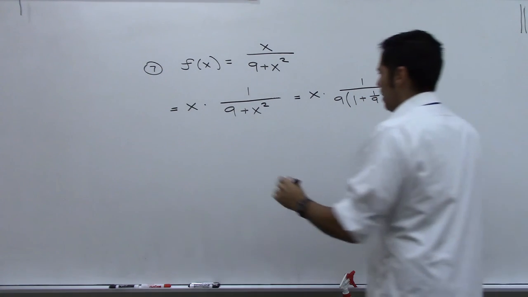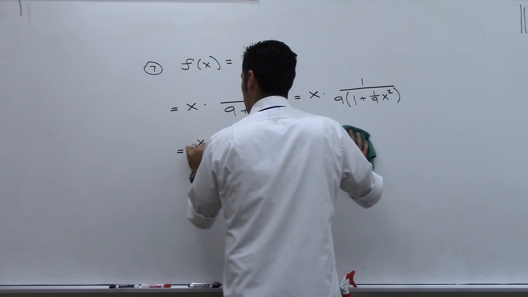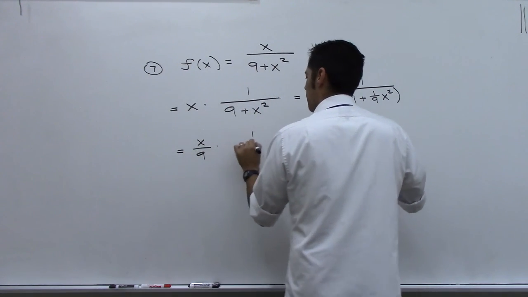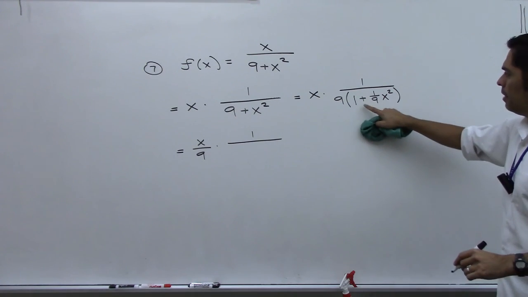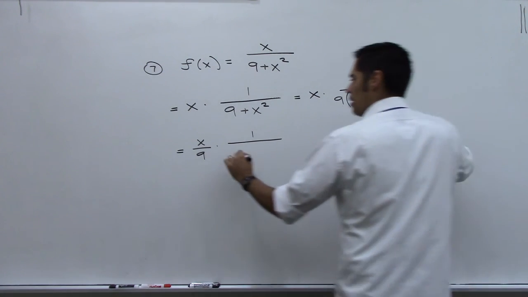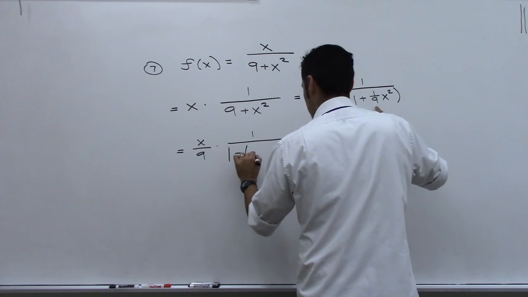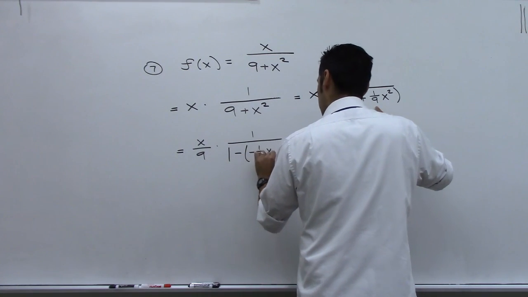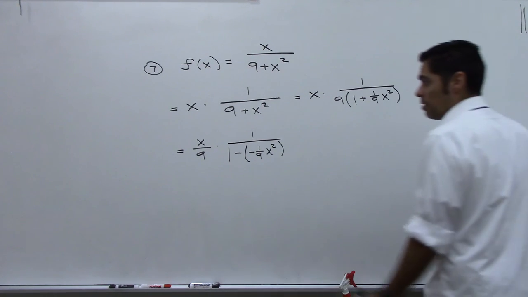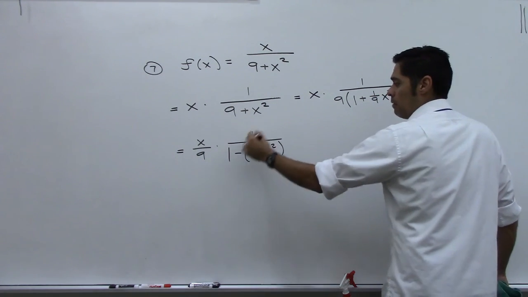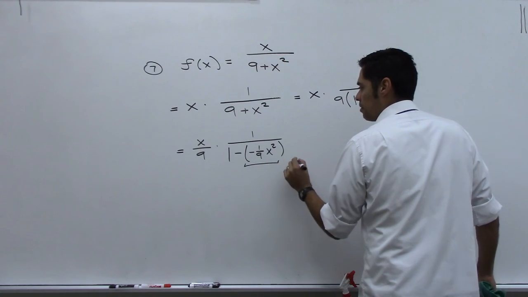I'm going to pull that 9 out and place it underneath the x. And then, so that 9 went out under here, I'm going to turn that to a minus. So 1 minus, and then make this a negative 1/9 x squared. So this right here looks like 1 over 1 minus u, where u is this piece right here.